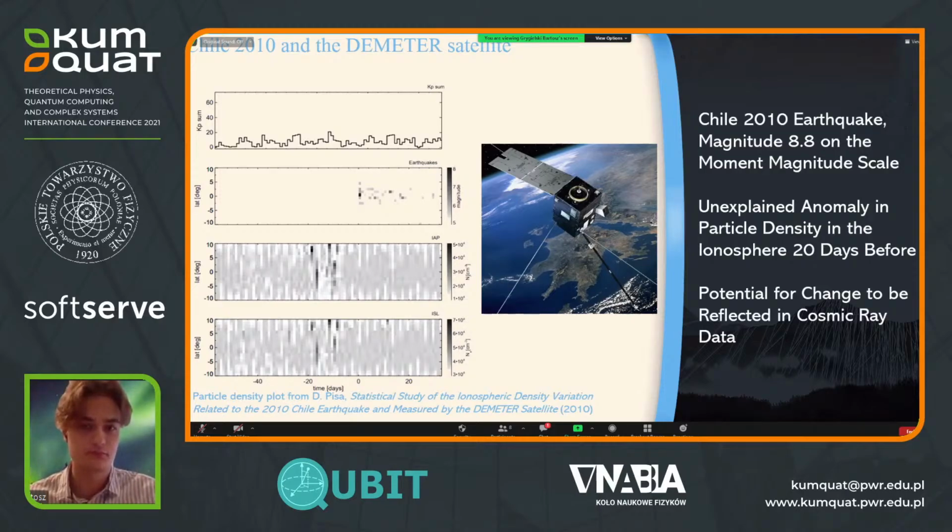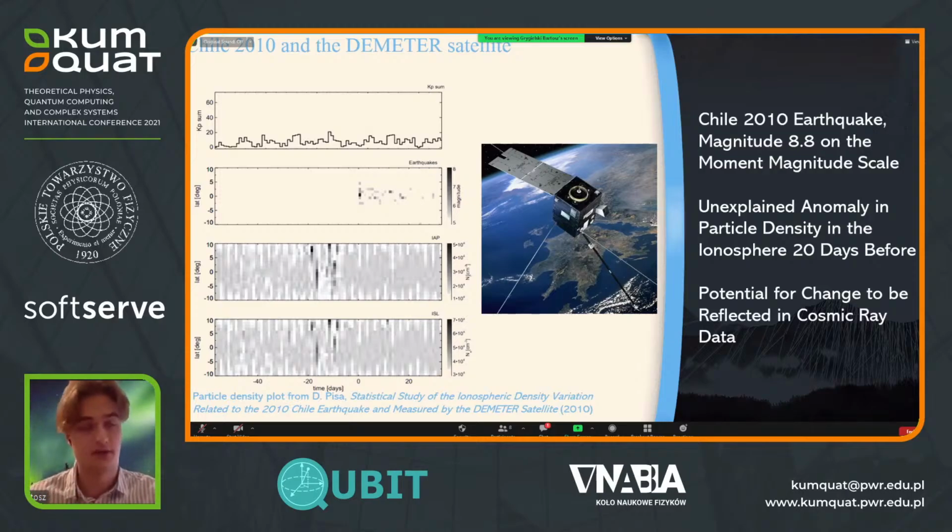The thing that started to concern us was the Chile 2010 earthquake, because it was of a big magnitude. 8.8 is quite a strong one, and the unexpected anomaly was detected 20 days before.